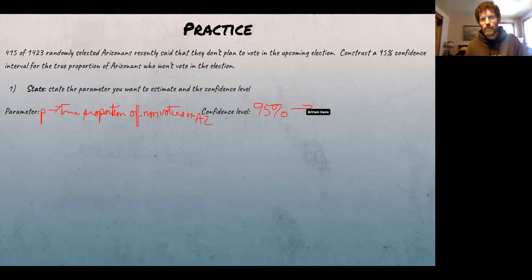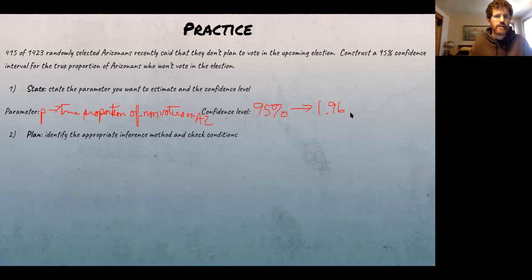So before long, hopefully you guys memorize your critical value for this. You might already know it, 1.96. It's always available in that table B. All right, 1.96, we're ready to move forward. Identify the appropriate inference method. Well, I look at this and I can see I'm dealing with proportions. It says proportion right here. I know it's proportions.